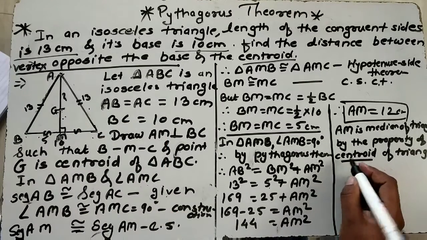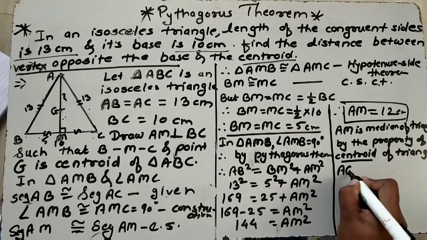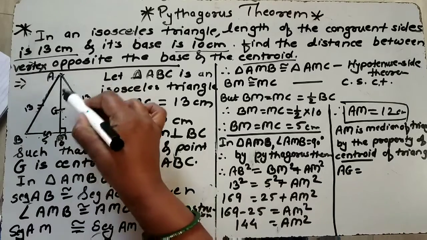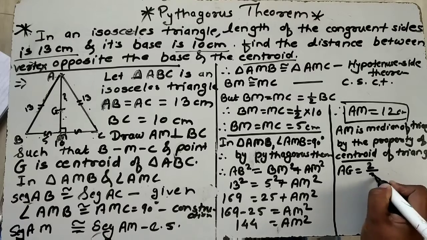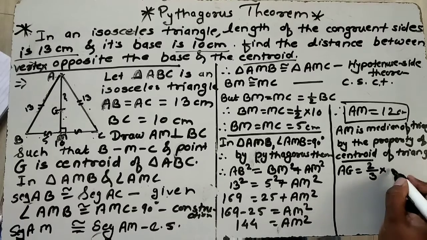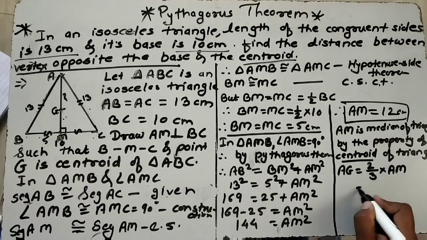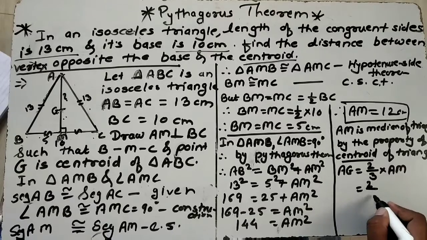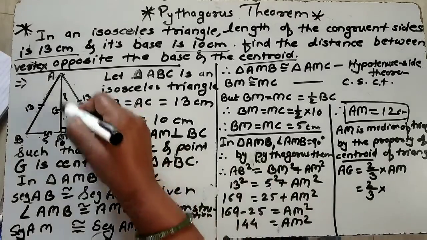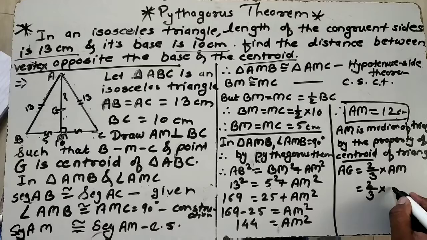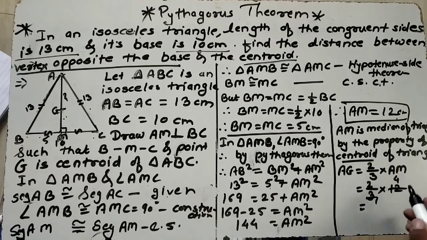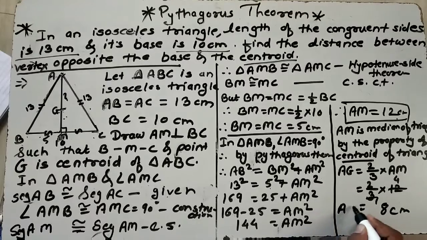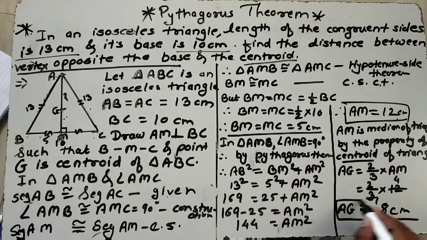Median is AM, so we write 2/3 into the measure of AM, which is 12 centimeter. So 3 1s are 3, 3 4s are 12, and 4 2s are 8 centimeter. So we got the measure of AG is equal to 8 centimeter.